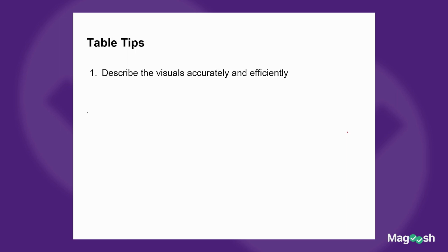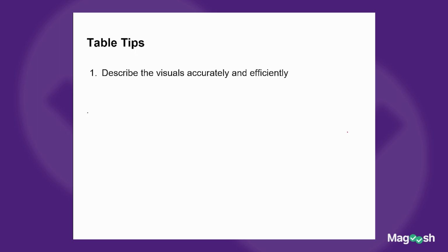You need to be able to take data that's written on the visual itself, in this case a table, and translate it into your own words, accurately and efficiently, meaning you don't just list a bunch of information that you see on the visual, you actually do something with it. You have to consolidate it or categorize it or do something to organize that information in order to get a really good score on your Task 1 prompt.